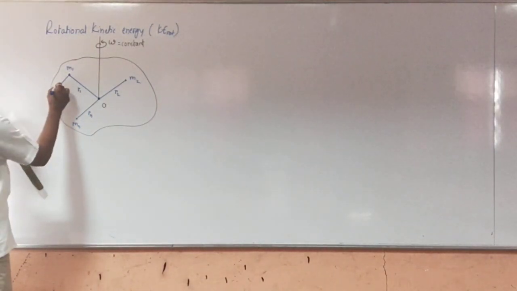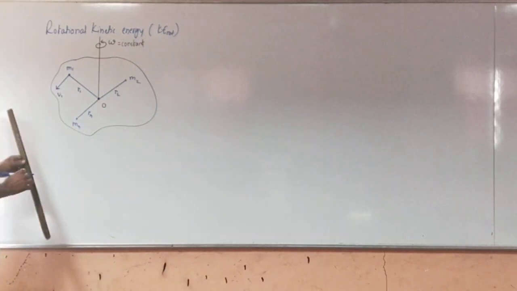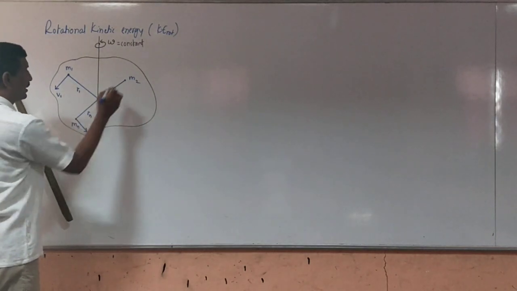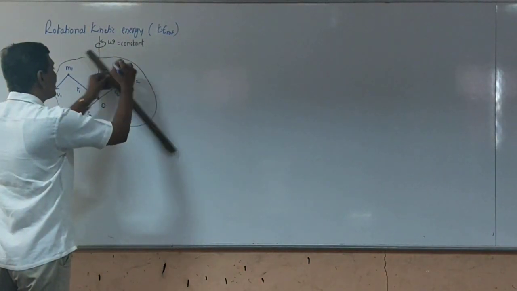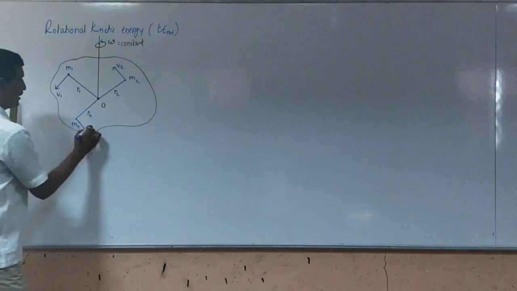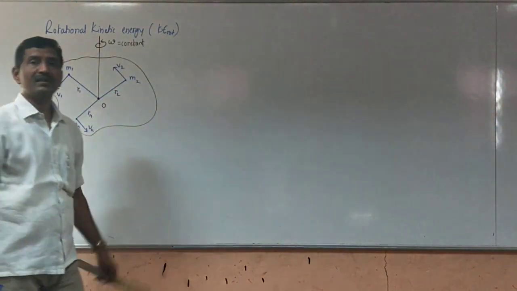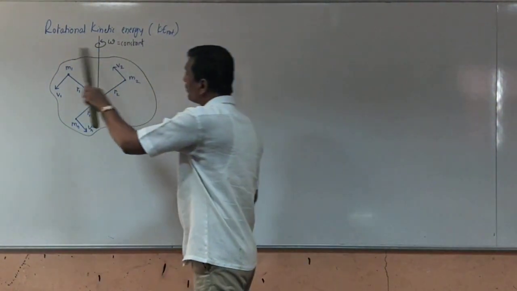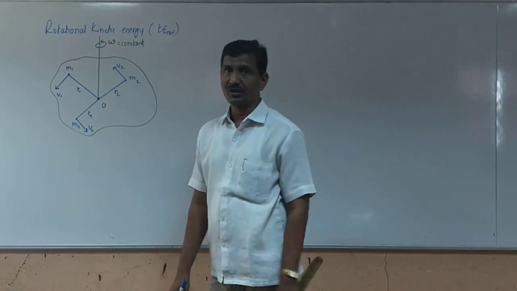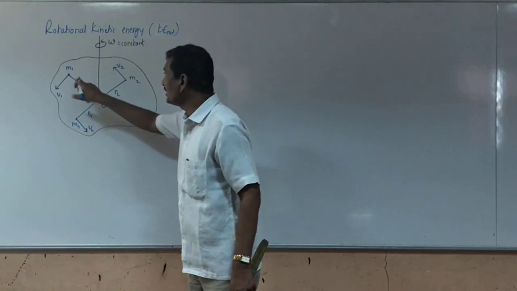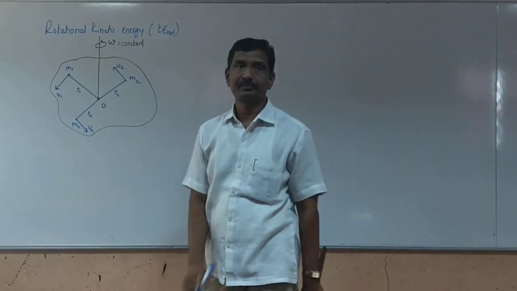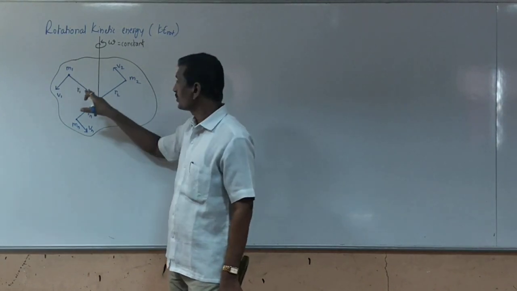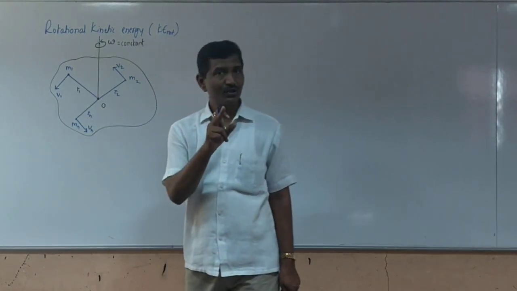So particle m1 possesses the linear velocity v1, particle m2 performs the circular motion with linear velocity v2, and the last one, vn, is the linear velocity of the last particle of mass mn. So every particle performs the circular motion with center O and the distance from the axis of rotation as the radius. For example, if you consider the particle of mass m1, r1 is the radius of that circular motion and O is the center.